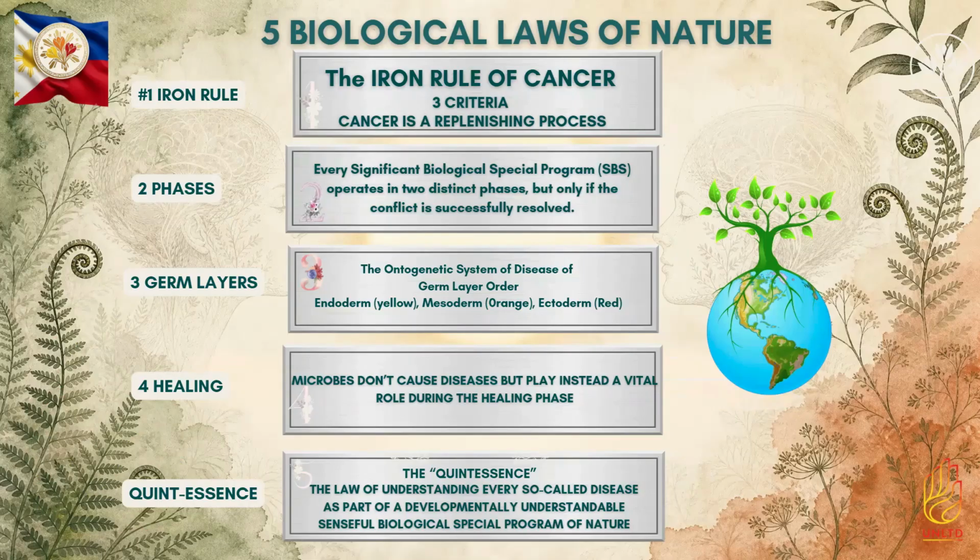For healing, microbes don't cause disease, but they're there for healing. They instead play a vital role during the healing phase. Five, quintessence. The law of understanding that every so called disease is part of a developmentally understandable, senseful, biological special program of nature. There is no such thing as malignant and no such thing as metastases.